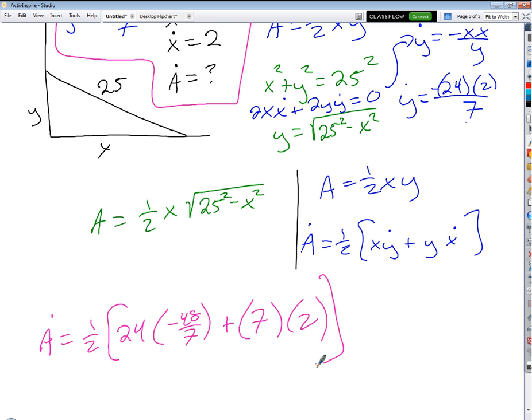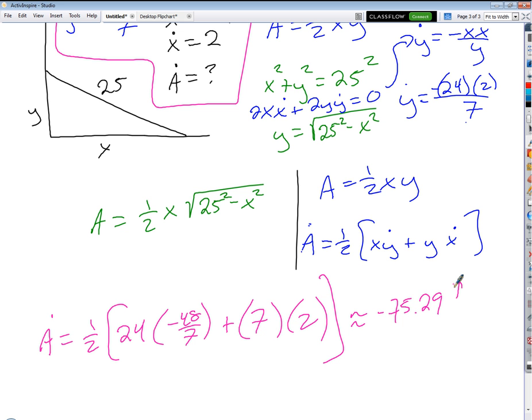Whatever that is, that's our answer. Approximated as a decimal to two places, what's it give us? Negative 75.29.